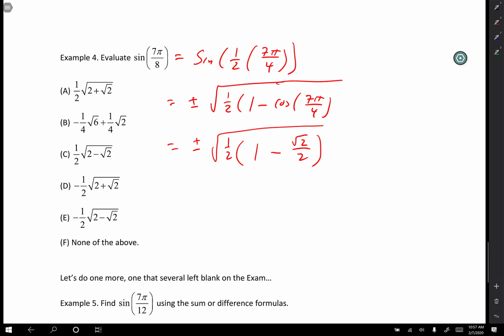I'm going to turn that 1 into 2 over 2. So plus minus square root of 1/2 parenthesis 2 minus square root of 2 all over 2.